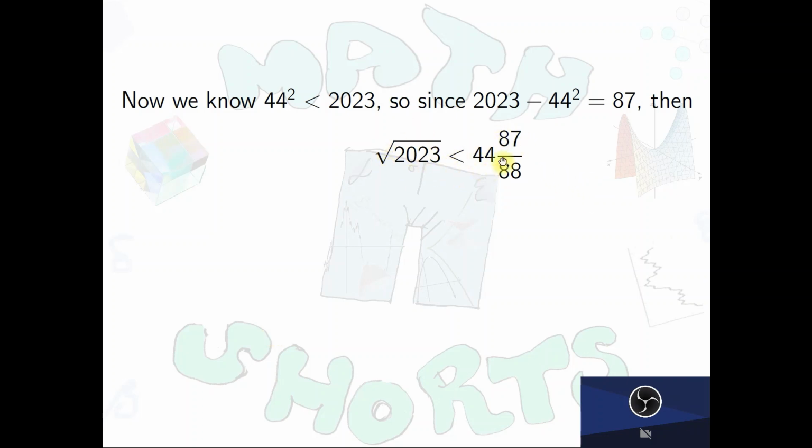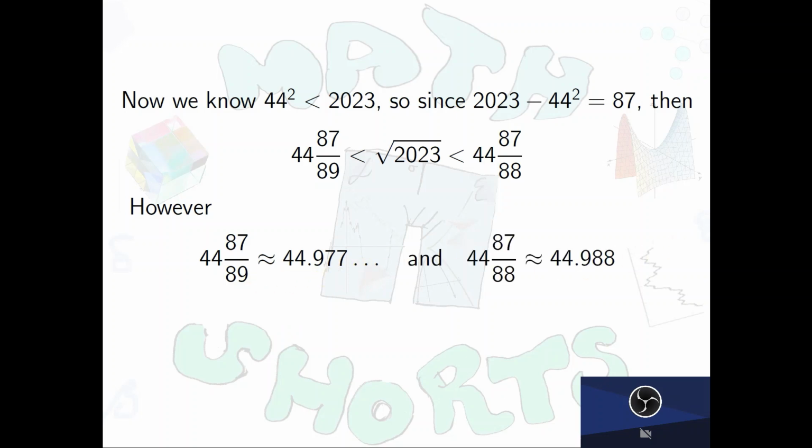So my square root is going to be somewhere between 44 and 87 over 88 and 44 and 87 over 89. And if we work those two things out, 44 and 87 over 89 is 44.977. And on the other end, I get 44.988. I get a pretty good approximation of the square root of 2023.